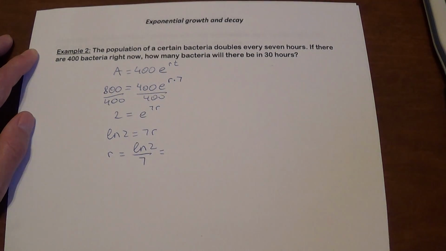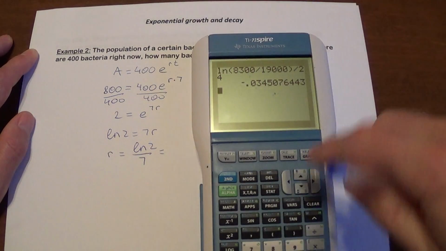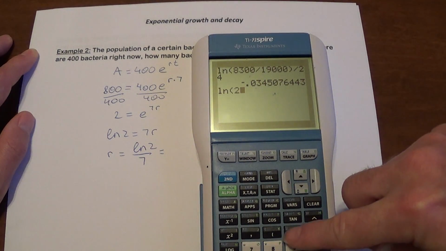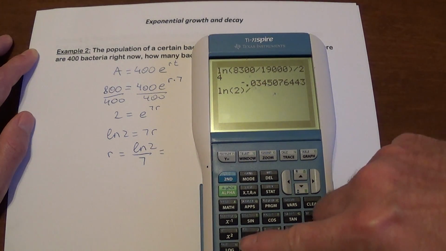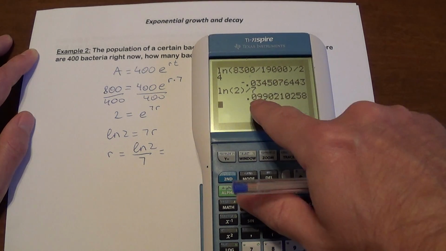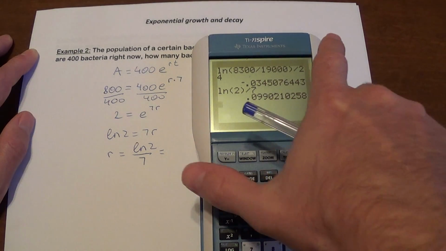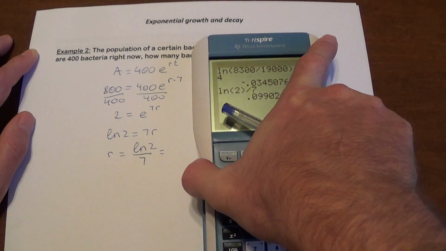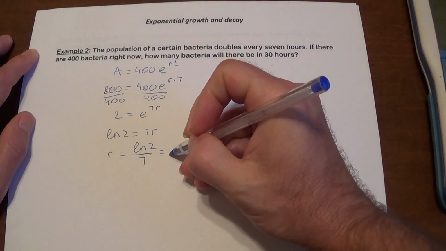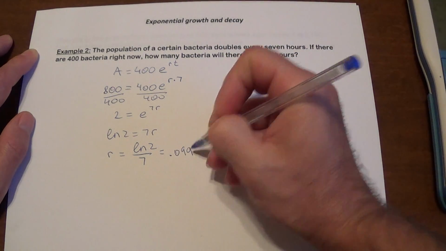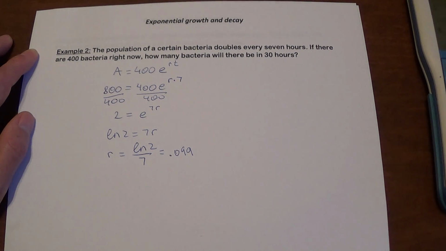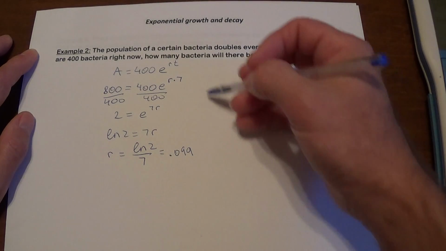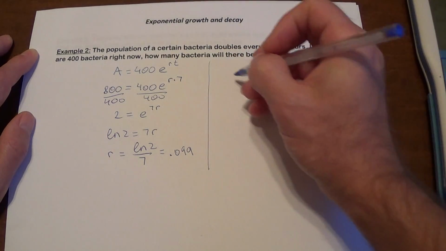We should plug it in the calculator. ln 2 divided by 7. And that's going to give us 0.0990. So let's use 0.099. Okay, so that's R. And what we're going to need to do now is use that R and plug it back into the formula.